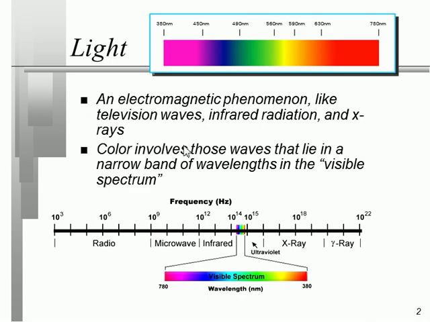Then microwaves, now we're talking gigahertz, and we're getting into the tens or less than tens of centimeters range. Once you get into the millimeter range, you're getting closer to infrared. When you're in the nanometer range, you're getting close to visible light.